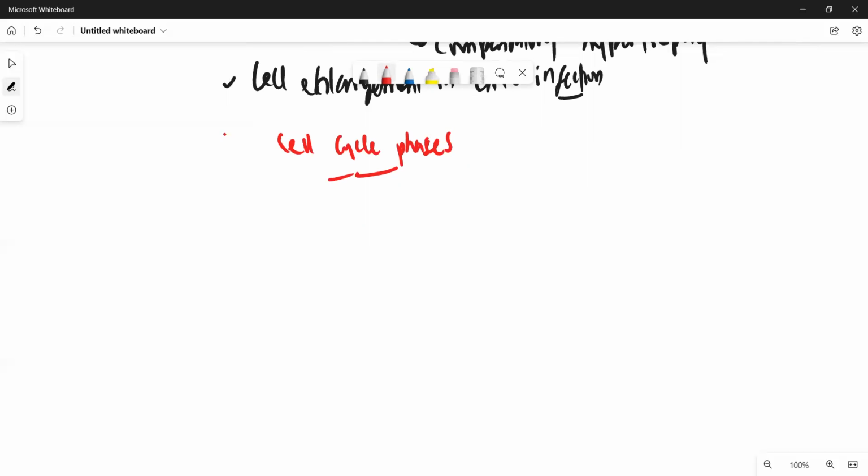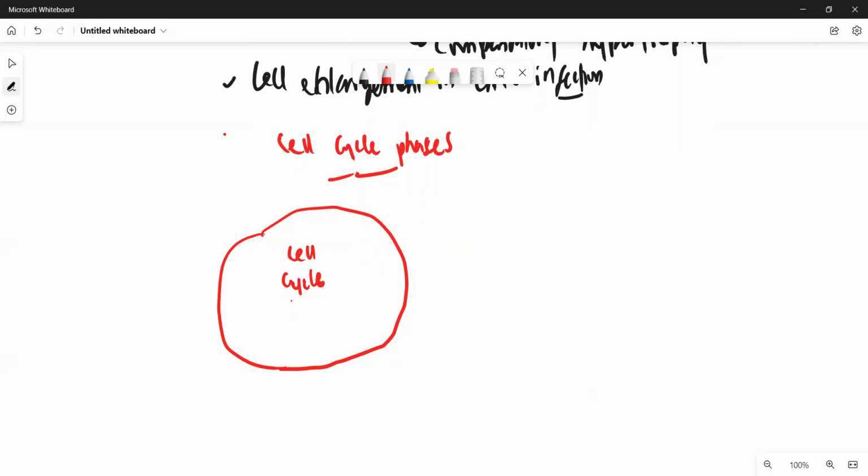So when you look at the cell cycle, for any cell to divide in our body, those cells have to go through the cell cycle. For a cell to divide into two, it needs to go through the cell cycle, and the cell cycle is divided into different parts.